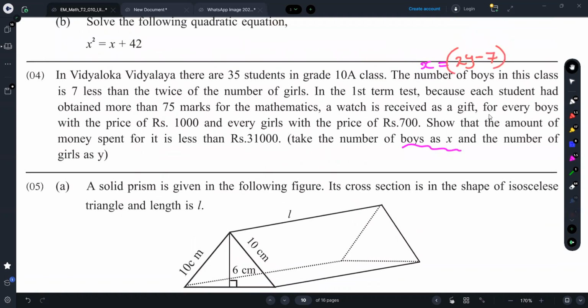Now we should show that the amount of money spent for these gifts is less than 31,000. First of all, we should find the number of girls and number of boys separately.